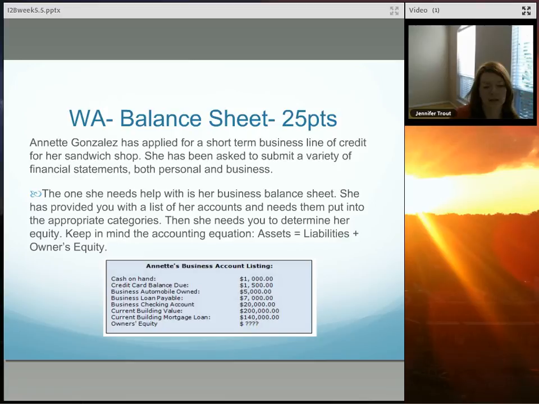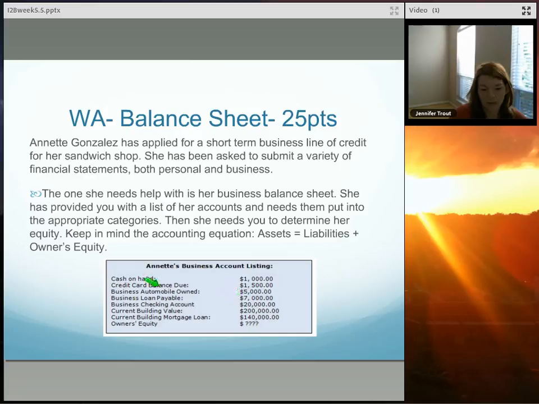You're going to have an accounting list here broken down into cash on hand, credit card balances, business automobile owned, and you'll need to put all of these numbers into the balance sheet, and then determine what the assets amount is, what the liability amount is, and then the owner's equity. Keep in mind that liabilities and owner's equity should equal the assets. That's part of the balancing equation.